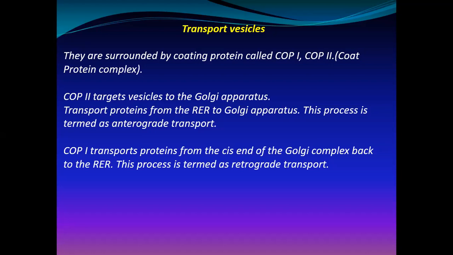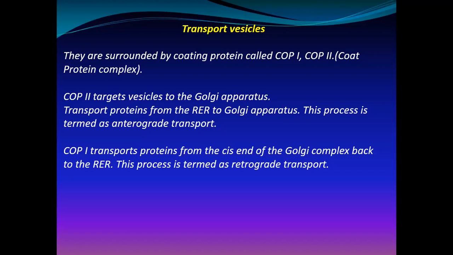So underline it and keep it for later. Anterograde transport means that if proteins synthesized in the RER are transported to the Golgi apparatus, it is called anterograde transport. And COP2, coating protein 2, is the one that targets the vesicle to the Golgi apparatus.